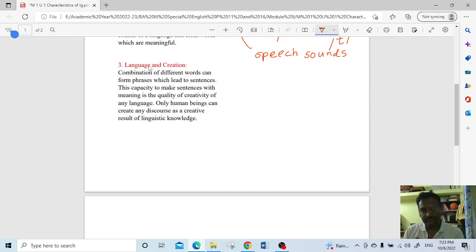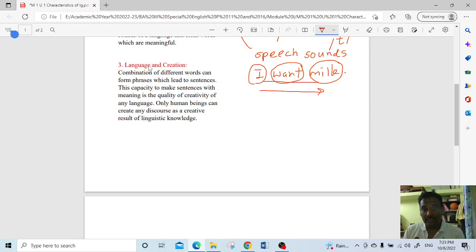See, for example, if a child comes to know that I want milk, once he understands that this is a word, this is a word, and this is a word, and combination of these words in this order has effect on the listeners, he begins to make similar type of innumerable sentences.